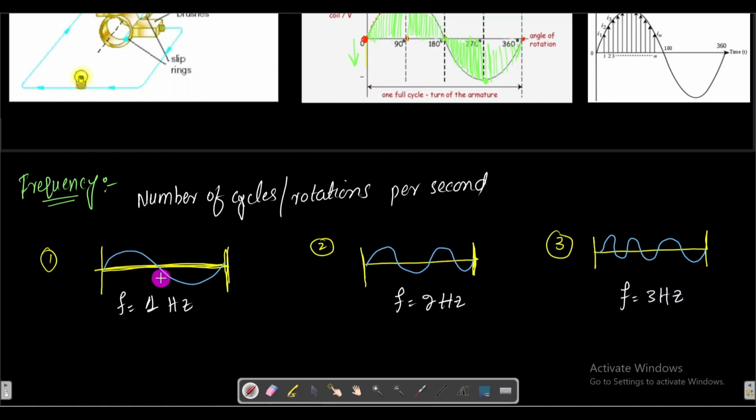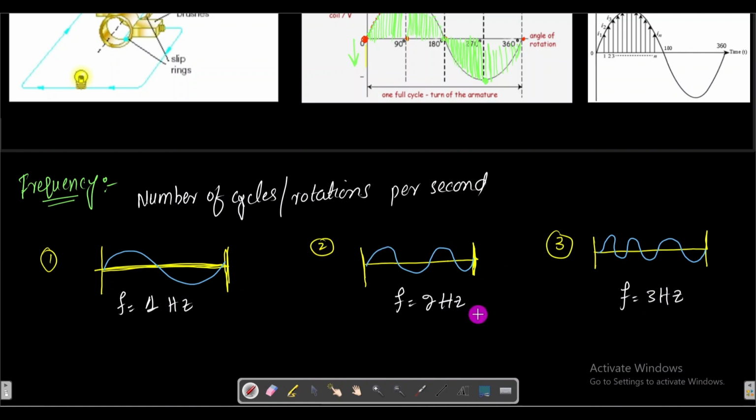It means that if one cycle is complete in 1 second, if the coil rotates one time, then we call the frequency 1 hertz. If 2 rotations occur in 1 second, we call that a 2 hertz frequency. And if 3 rotations occur in a second, we call that a 3 hertz frequency.